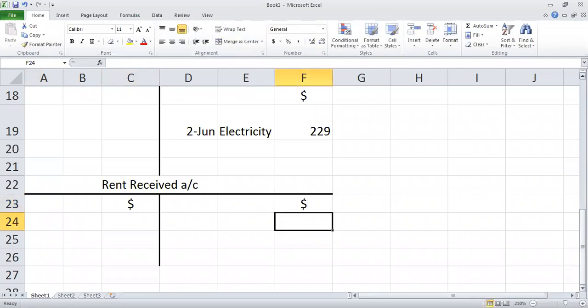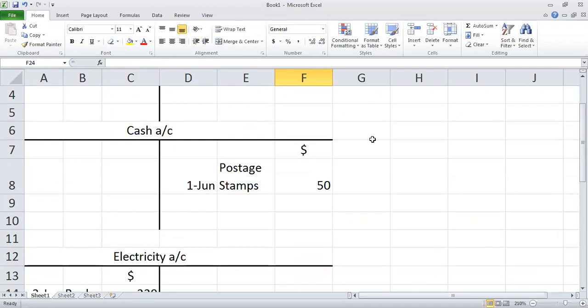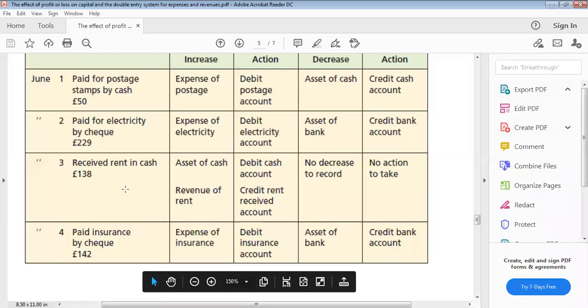All right, now in this case, you receive rent of 138 in cash. You're going to debit cash now. Good. And that was June 3, right? So June 3, receiving cash 138.